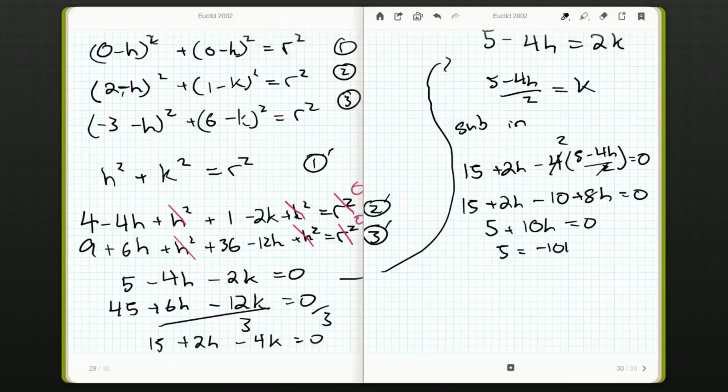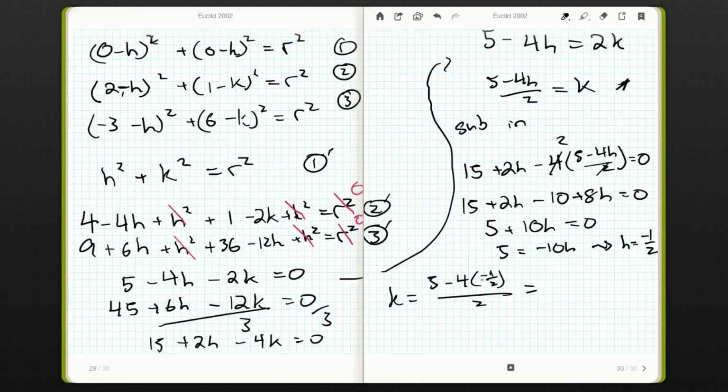So 5 is negative 10h, or h is negative 1/2. Well, now that we have h, we can substitute it back into this formula up here and figure out what k is. 5 minus 4, negative 1/2, all over 2.